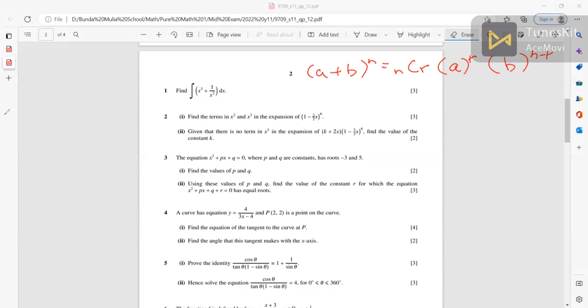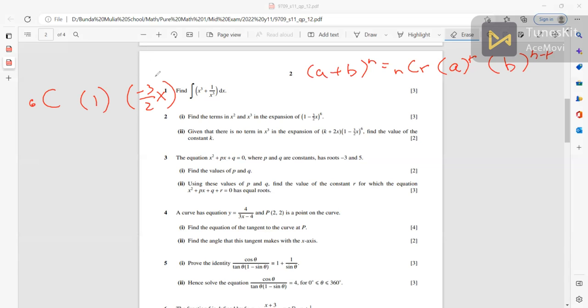So n is obviously 6. A is 1, and b is minus 3 over 2x.